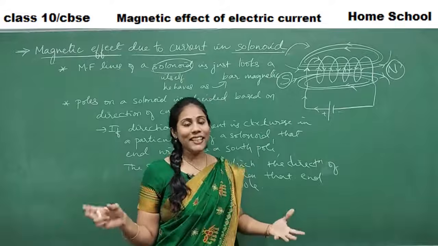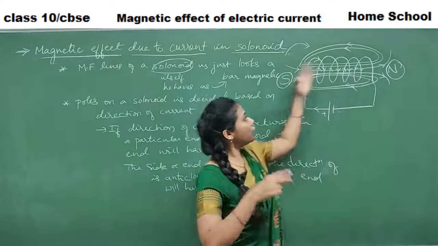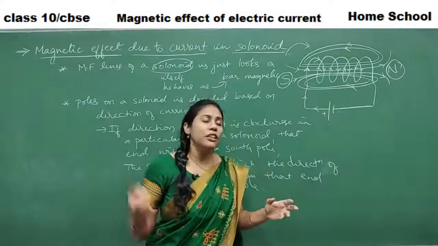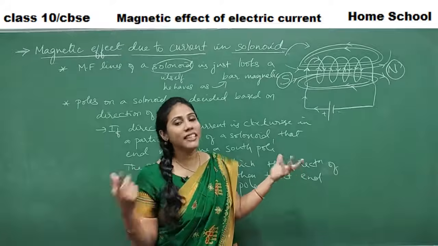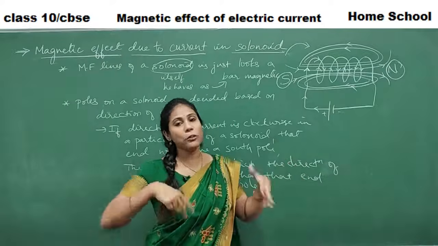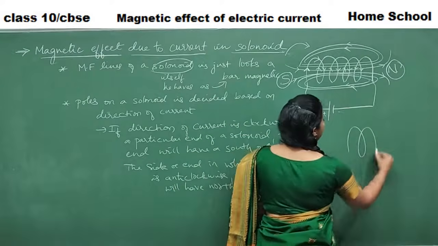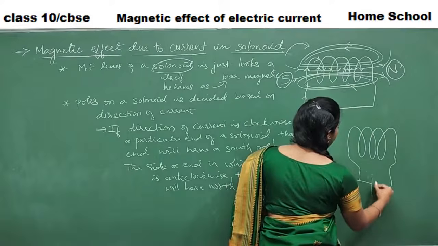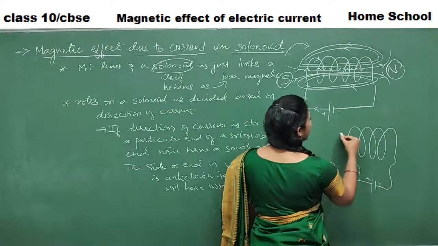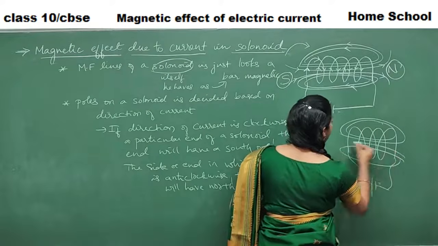But practically, if you want to know which is a south pole and which is a north pole, you can always go for a compass. A compass has a needle, right? It will show south pole and north pole. Say for example, this is a solenoid connected to a battery, and you have observed the magnetic field in this solenoid.